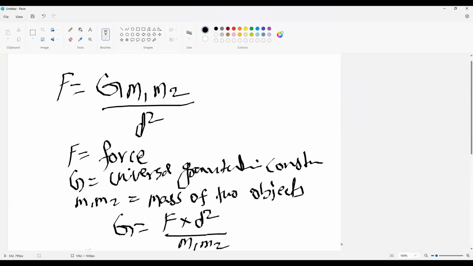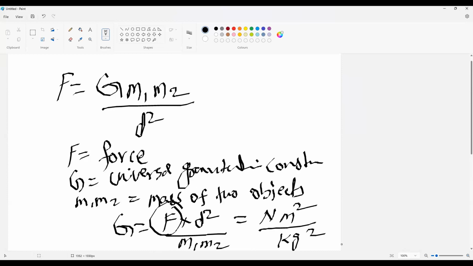D square is distance square; there is a force between the two objects M1 and M2. The SI unit of force is Newton, the distance is in meter, so meter square, and mass is in kg, and since two masses are there, kg square. Understood now?